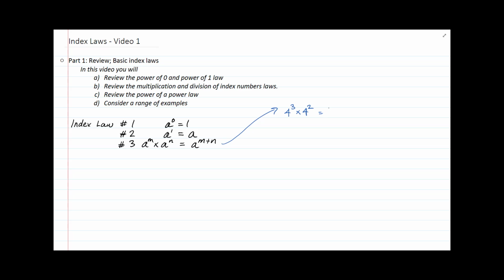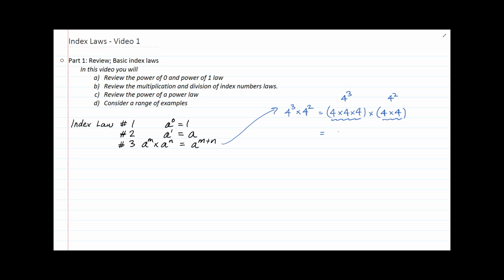Now, if I write this out using our index notation, and this is a good reminder of what an index actually is, we have (4 times 4 times 4), close brackets, and I multiply this again by (4 times 4). 4 cubed is here because there's 3 of them, and 4 squared is here because there's 2 of them.